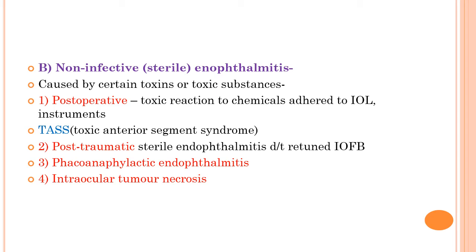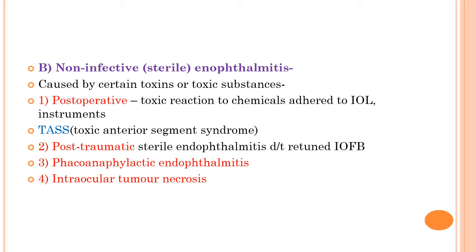What happens if any foreign body, in the form of copper or other metal, enters the eye and remains in the eyeball, the toxins released by that foreign body may cause suppurative inflammation.